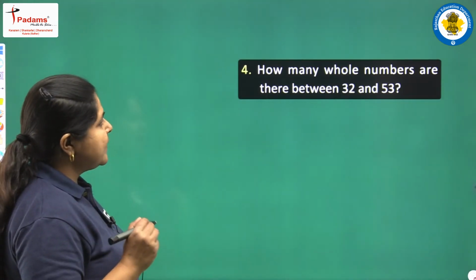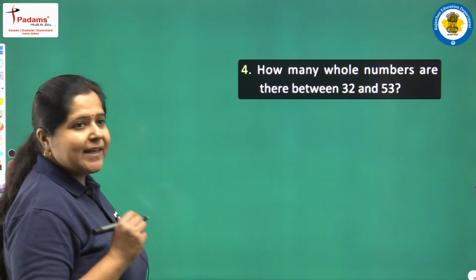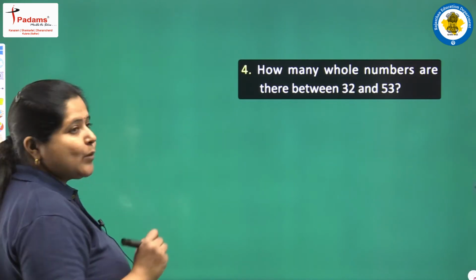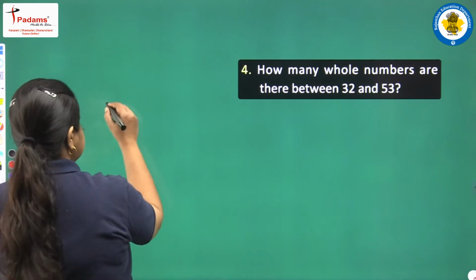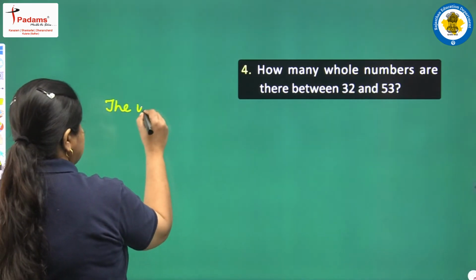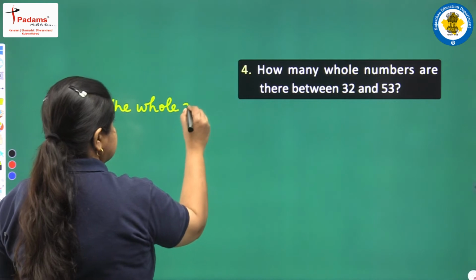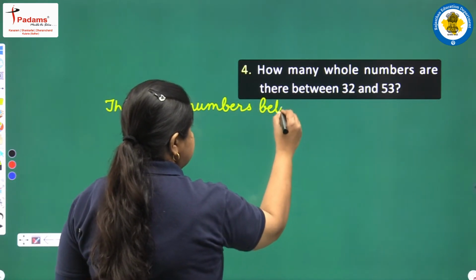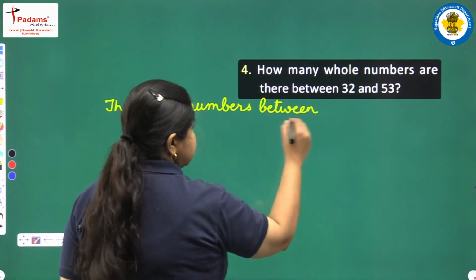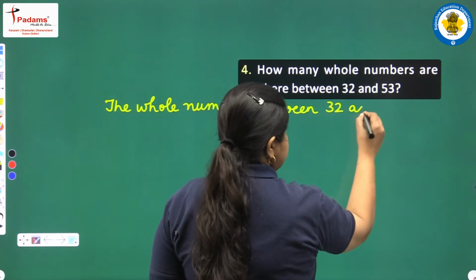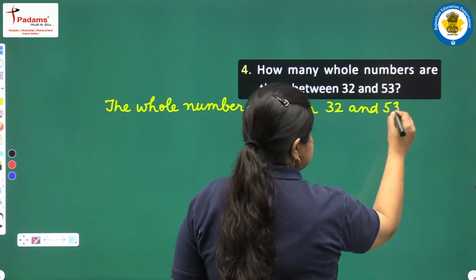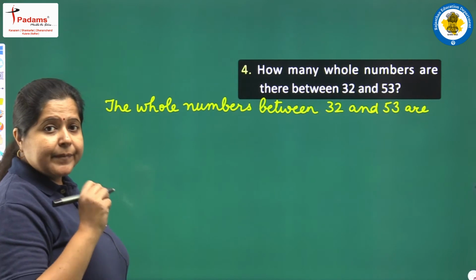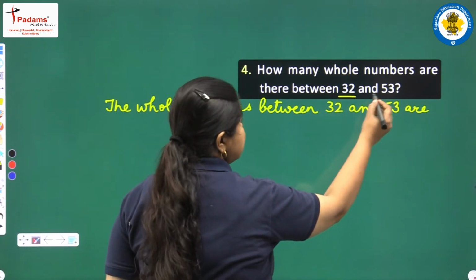Okay. Then question number 4. How many whole numbers are there between 32 and 53? Let us write the numbers that lie between 32 and 53. So we write the whole numbers between 32 and 53 are. We will start from 33 because these two numbers won't be included.